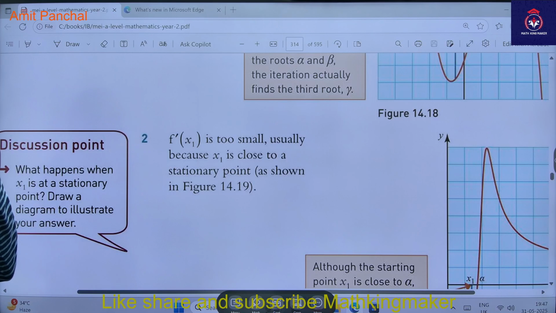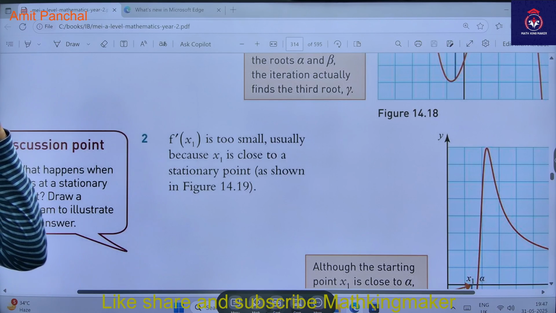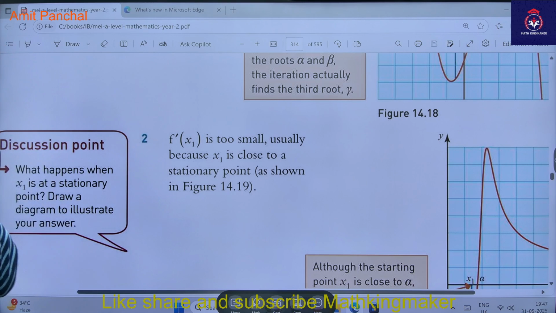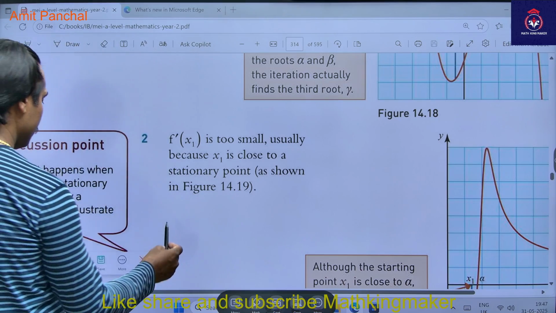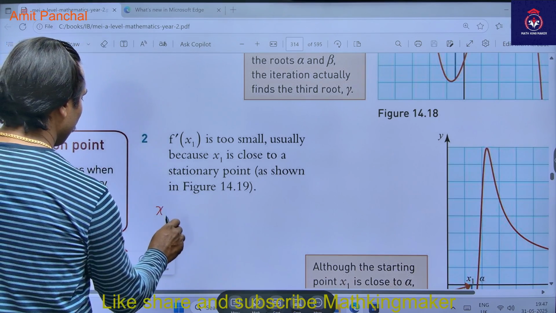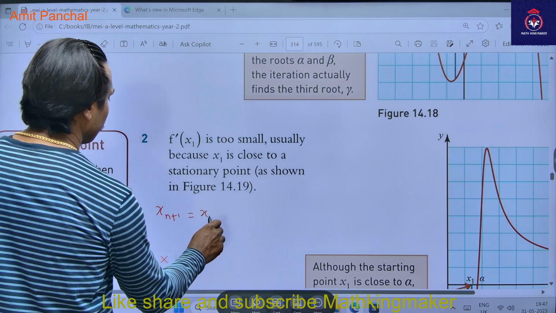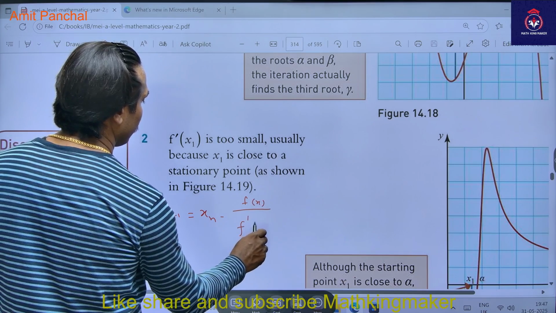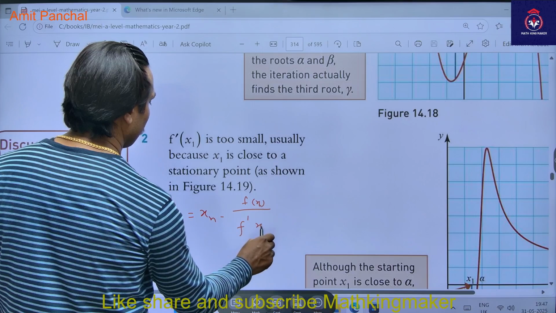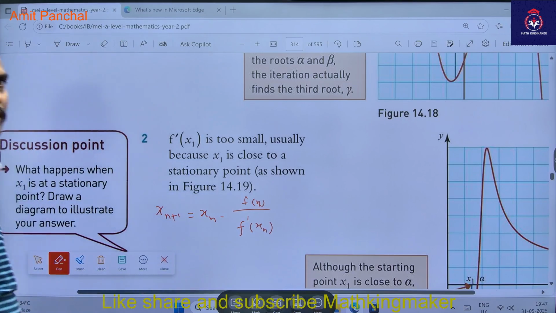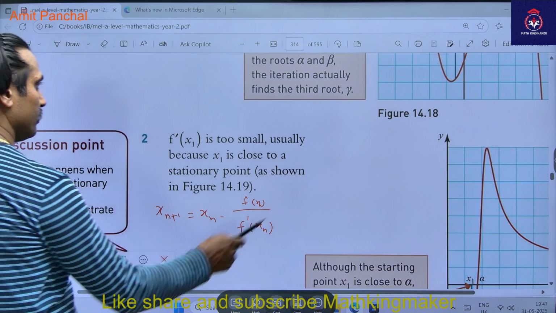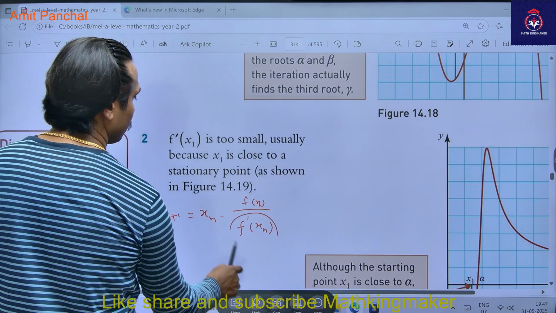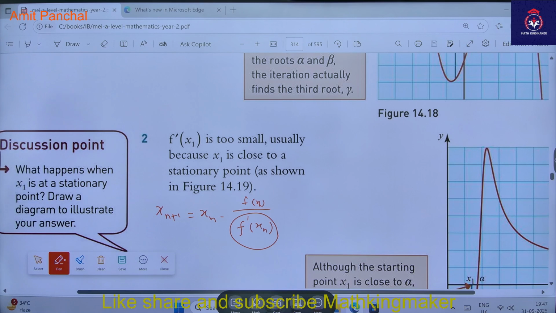So at that time your Newton-Raphson method fails, because your formula is xn plus 1 is equal to xn minus fx divided by f dash x. At a stationary point, f dash x will become 0. So you can't take a stationary point.